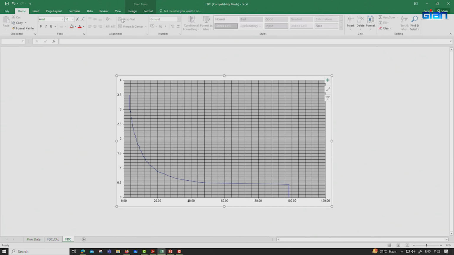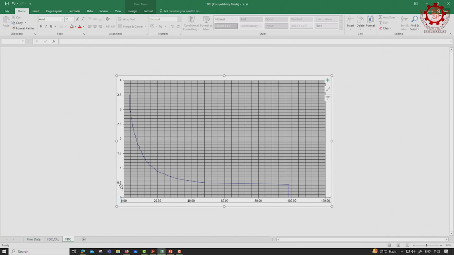So, for example, the vertical axis is flow rate, the horizontal axis is percentage time, right. So, for example, if you take any point here, 1.5 cubic meters per second is available for, let us say, maybe about 12% of the time of the year, right.